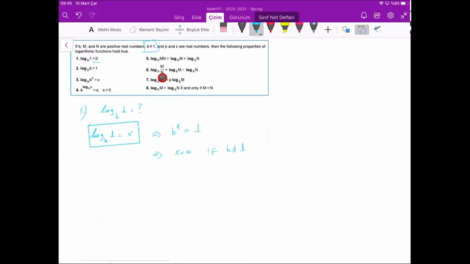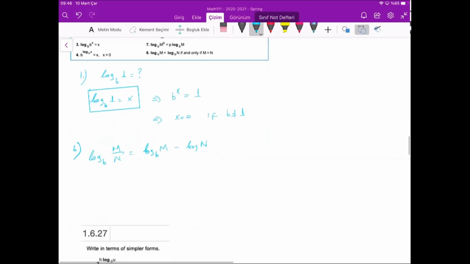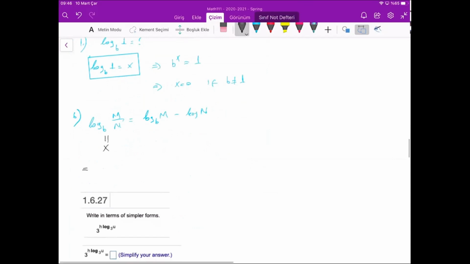For example, let's look at the 6th one: logarithm base b of m over n equals logarithm base b of m minus logarithm base b of n. Let's try to prove this fact.